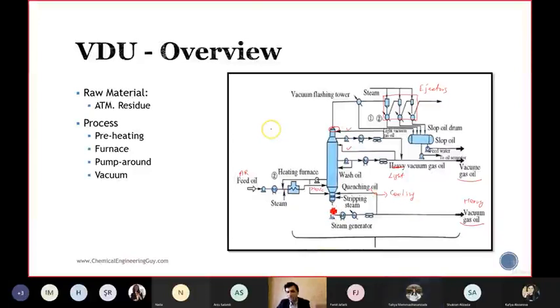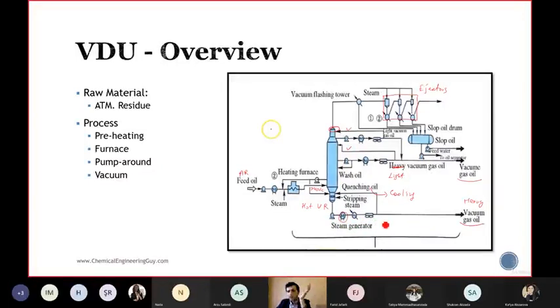So you see that we have the hot vacuum residue, and we have a pump, and a heat exchanger or steam generator. So the heat is given from VR to water to create the steam, and we have the water cooler, and then the air cooler.